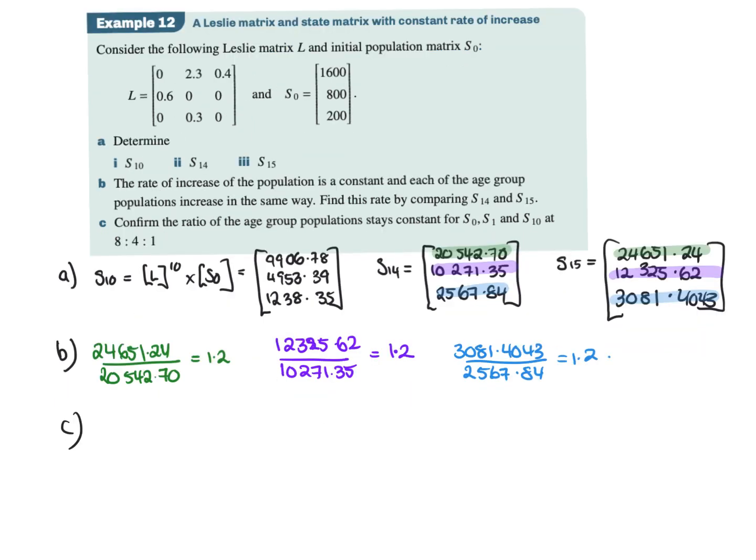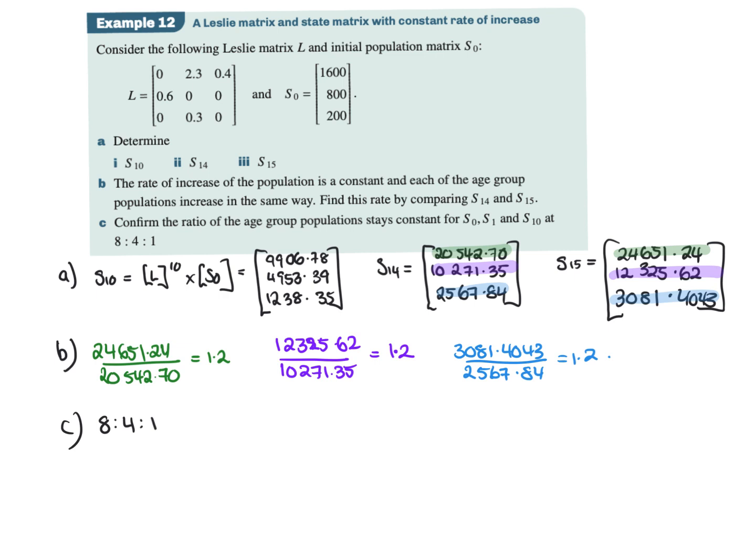Okay, in part C, it says confirm the ratio of the age group population stays constant for S0, S1 and S10. They're saying that it remains at this ratio, 8, 4, 1. So what they're saying there is that the initial age group is 8 times larger than the last age group.